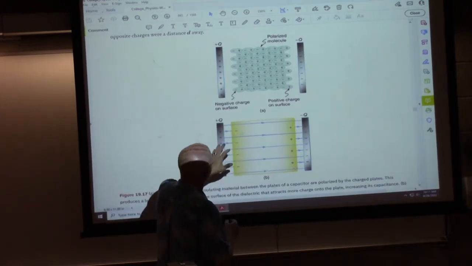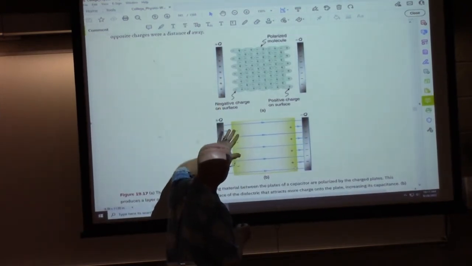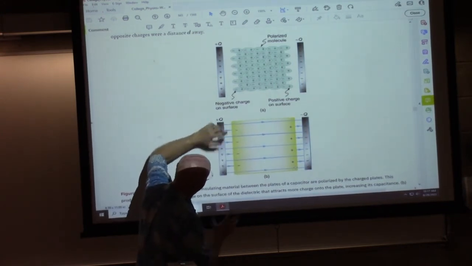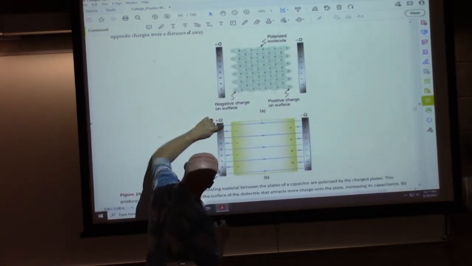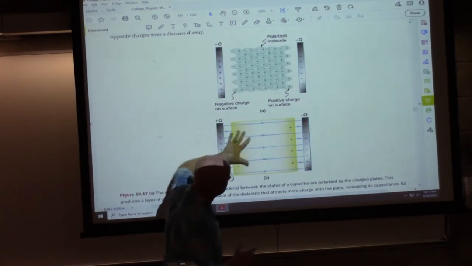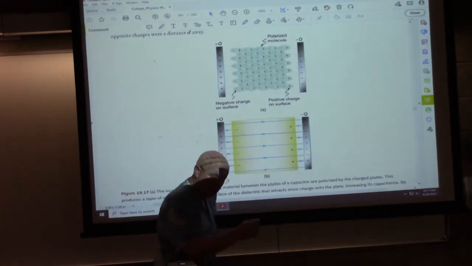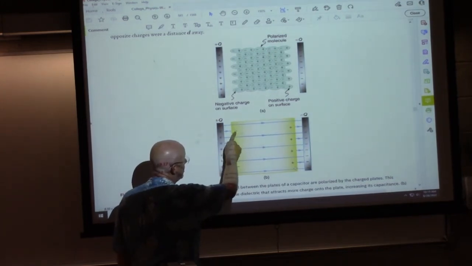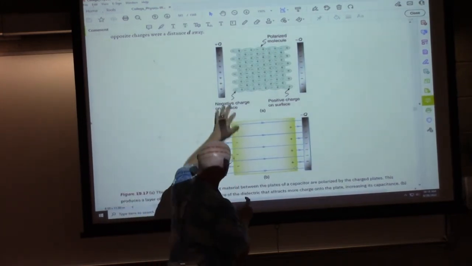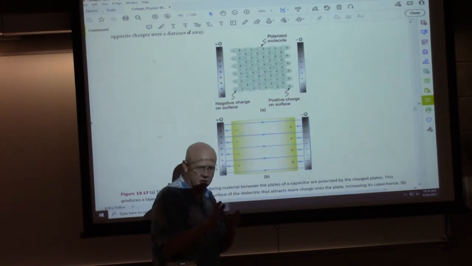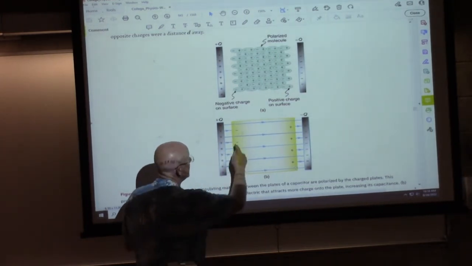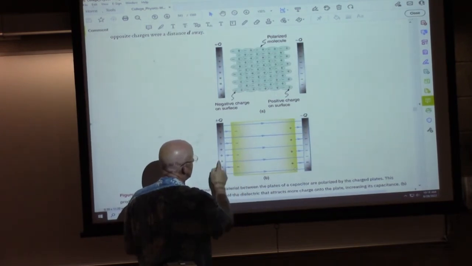And so, now he doesn't show the electric field before, but the electric field before we put the material would be these lines, all of them going straight across. And then he makes this argument here that some of these lines are going to terminate because there is an effect of a little bit of negative charge. Now, not all of them will terminate. So he's not trying to say that the negative here is exactly equal to the positive.